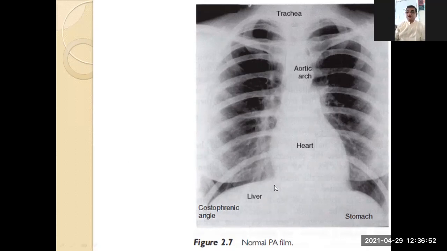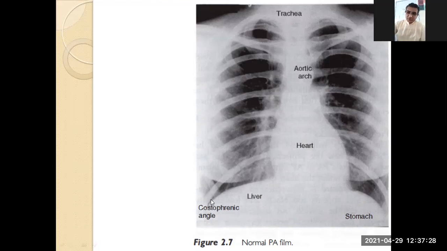Then this is the female X-ray, as you can see the breast shadow also. Sometimes you may see black bubbles, and this is the gas bubble in the stomach. This is the location of the liver, which looks white because it has a higher density, like soft tissue and water.